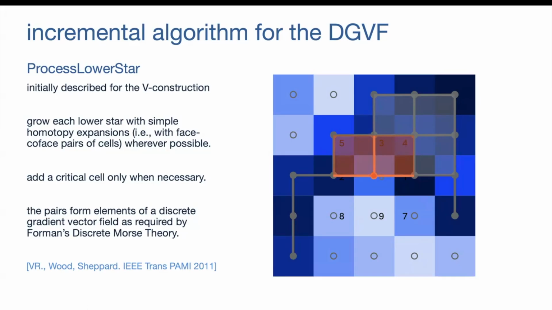And those pairings under simple homotopy expansions correspond to arrows in a discrete gradient vector field. And so once we have this discrete gradient vector field, we can apply Forman's discrete Morse theory to calculate our abstract chain complex and feed that to persistent homology.